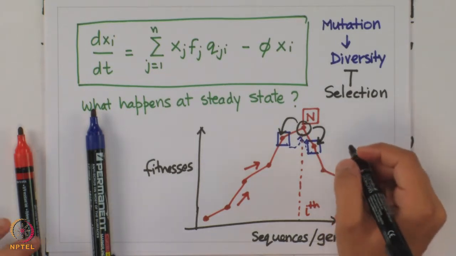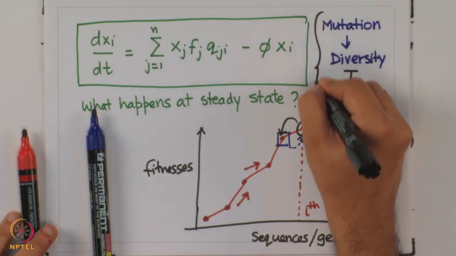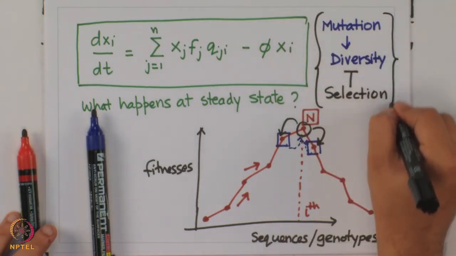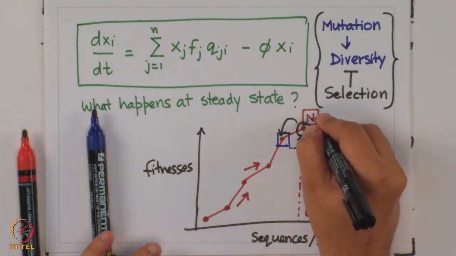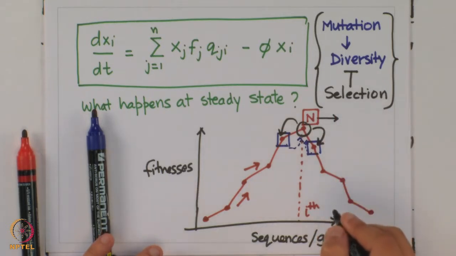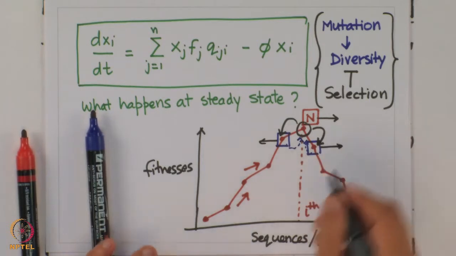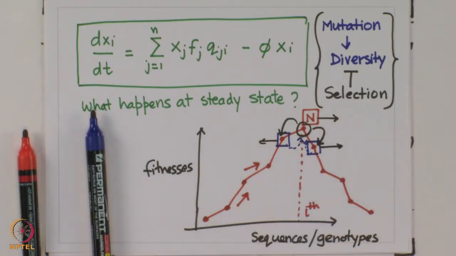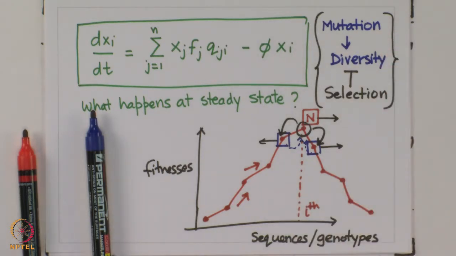Eventually, at the steady state of this process, the balance between mutation and selection plays out, and you get a spread of individuals about the mean, where the maximum number of individuals are present at the fitness peak, but in the neighboring genotypes such as this and this, you have a non-zero number of individuals. If there was only mutation, every possible genotype would exist in the population.